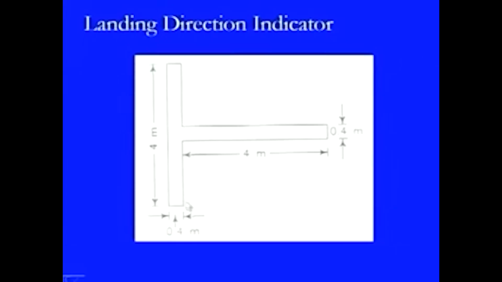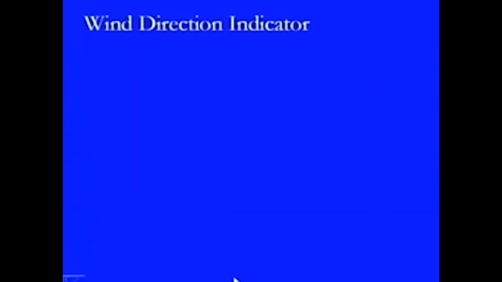The size of this T is defined here for a specific type of runway strip, and depending on the size of the runway strip there can be some modifications, but in general it is 4 meters long in this way. This strip is 0.4 meter wide. Similarly, this strip also is 0.4 meter wide, and this is again 4 meters. So, this is the type of a landing direction indicator.